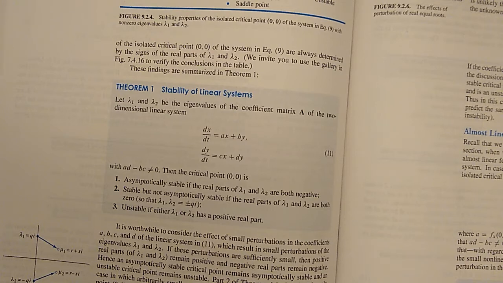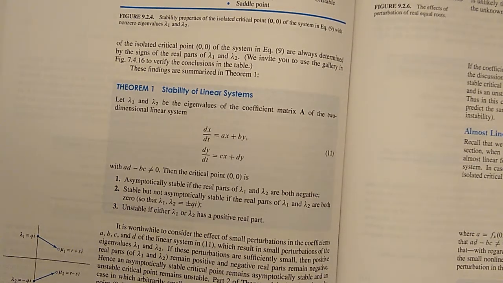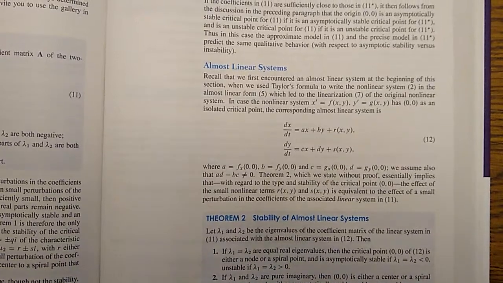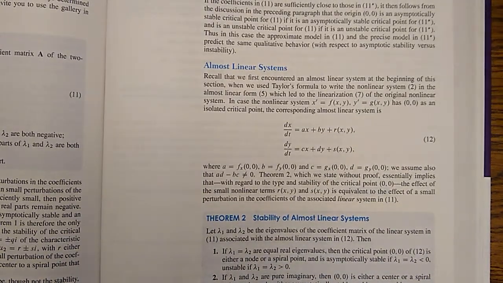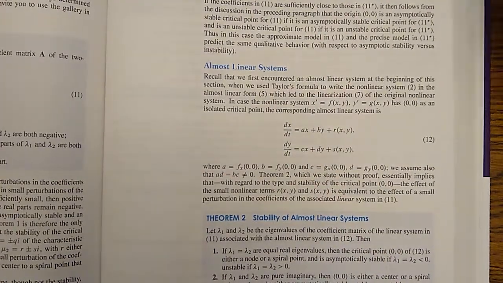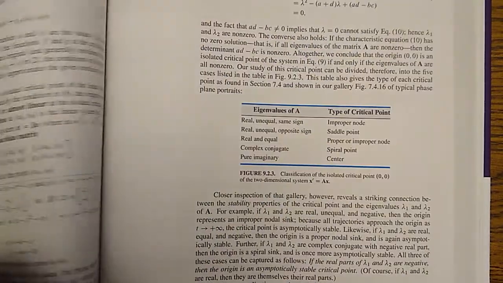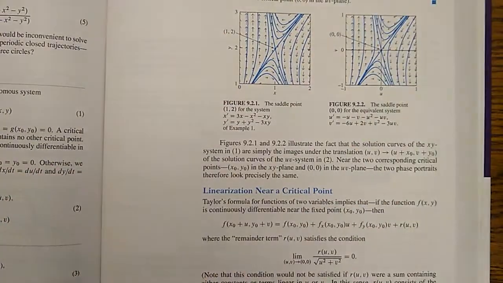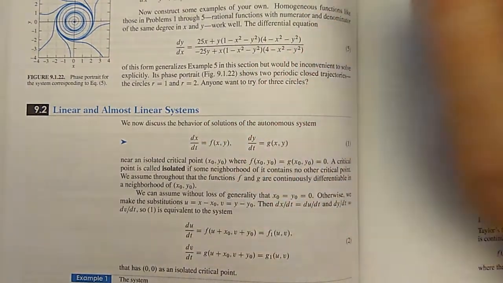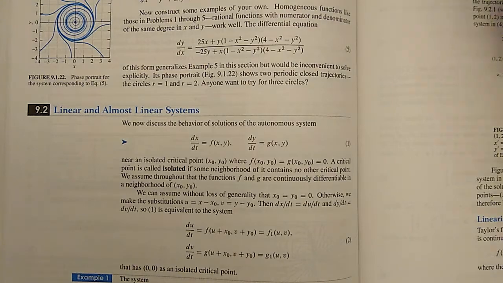There is also now almost linear systems. And this is, by the way, 9.2 now. We're talking about technically nonlinear systems.